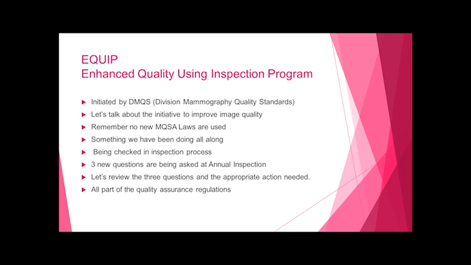Remember, there are no new laws by MQSA. They're just elaborating on the 3 issues, something we've been doing all along. It's being checked in the annual inspection process, and there are 3 questions. So we're going to review the 3 questions and the appropriate action needed that the inspector is going to look at. And this is all part of the quality assurance regulations.